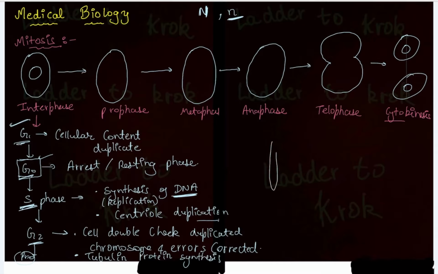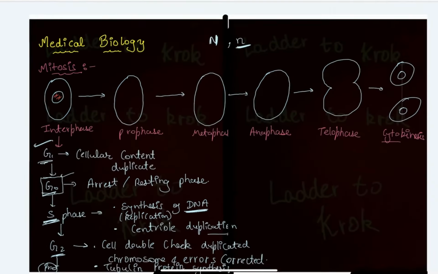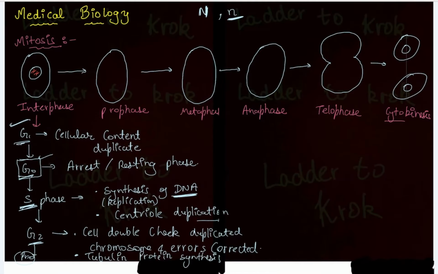They are just a structure that carries your DNA, that has your genetic information, and it is present in the nucleus, as you all know. You can see this is your nucleus, and inside it are the chromosomes. Now remember, in this S phase there is synthesis of DNA. Here there is 4n, but the chromosome doesn't divide here.